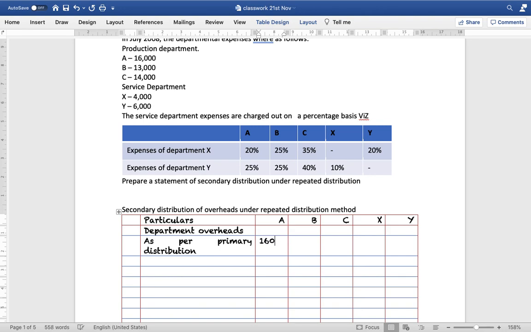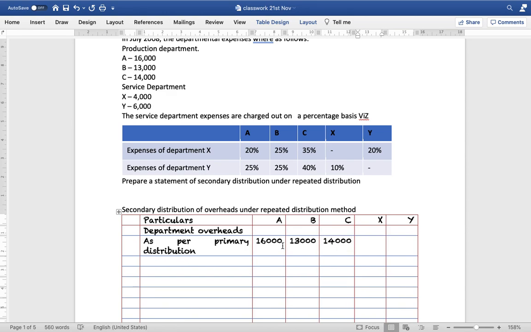A it is 16,000, B 13,000, C 14,000, X 4,000 and Y 6,000.